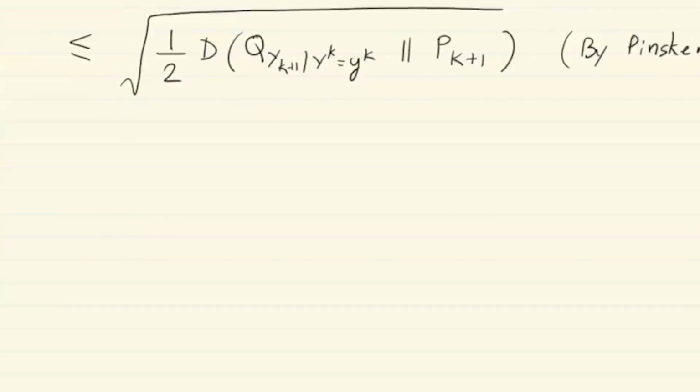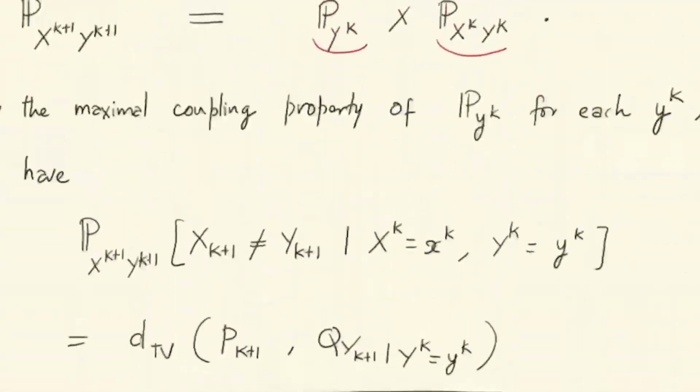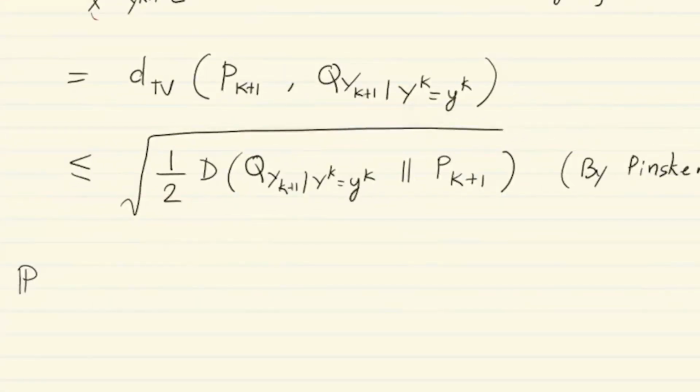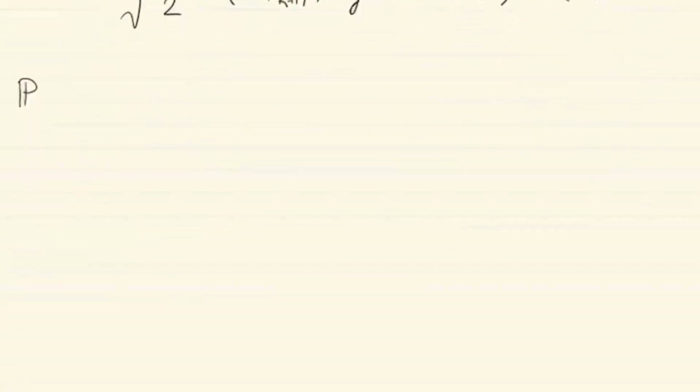So this implies that when we take expectation over the past of x and the past of y up to time k, we get that, of course I am omitting the subscript xk plus 1 yk plus 1, but all of this is under the new coupling for x up to k plus 1 and y up to k plus 1.